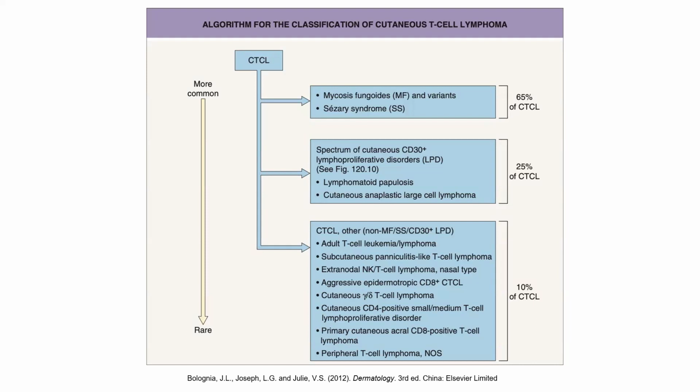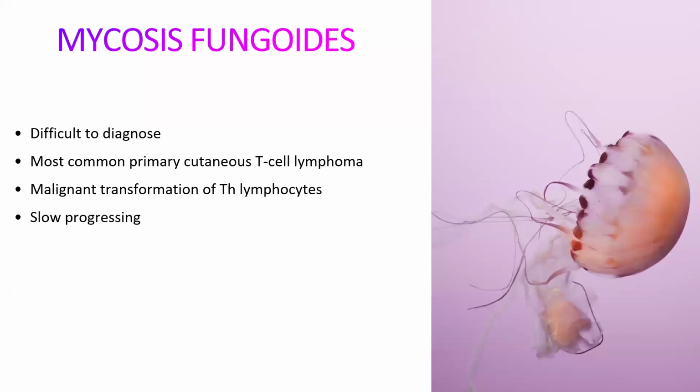We'll be talking about the most common ones, that is mycosis fungoides and Sezary syndrome, which together make up 65% of cutaneous T-cell lymphomas. These are particularly difficult to diagnose because they tend to appear like common rashes and may take years to fully declare themselves on investigations. Let's turn our attention to mycosis fungoides, the most common cutaneous T-cell lymphoma.